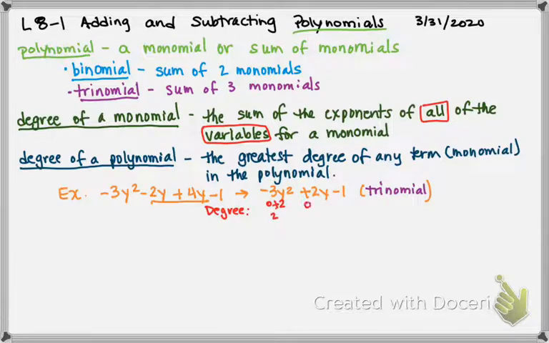We have none on the coefficient, and we have 1 on the y. Remember, if you don't see it, it's still there, so that's a degree of 1. And remember, we're only looking at the variables for the degrees. So we would say that the degree of the polynomial is 2, because that's the highest of all of those numbers.